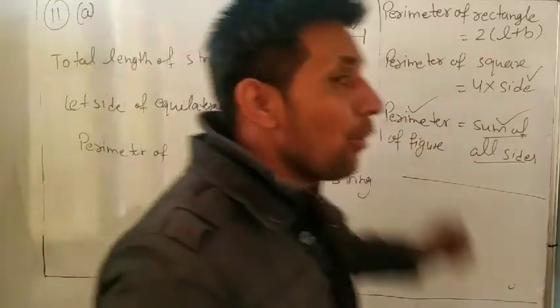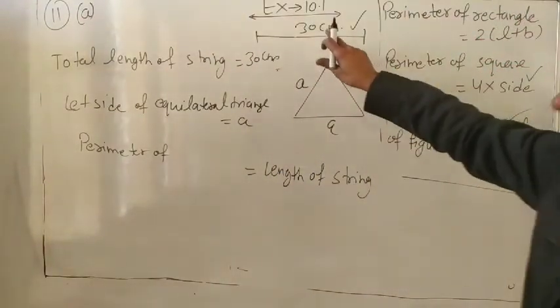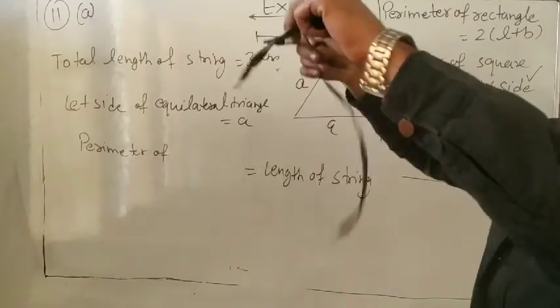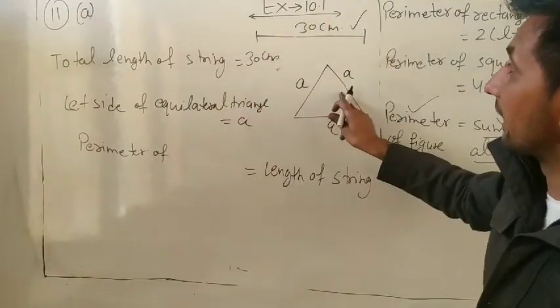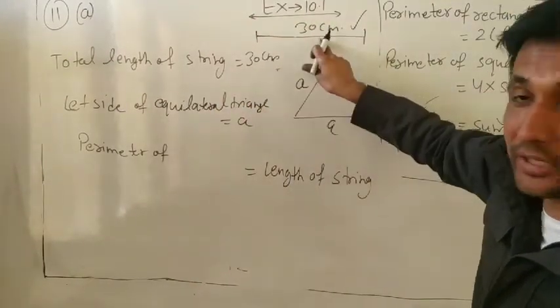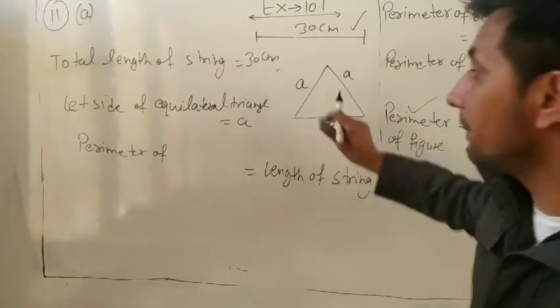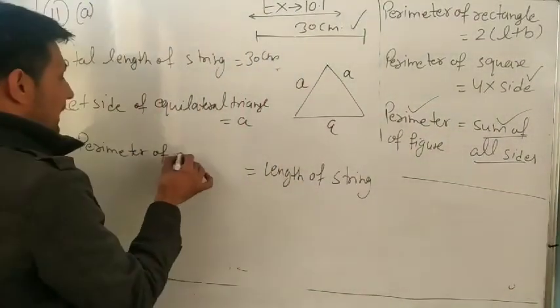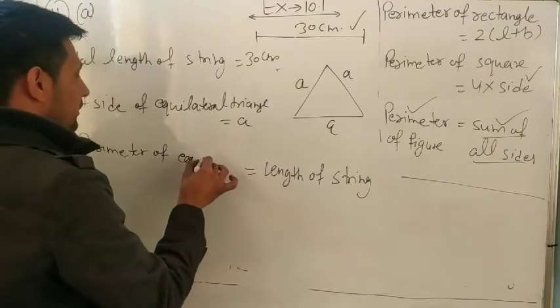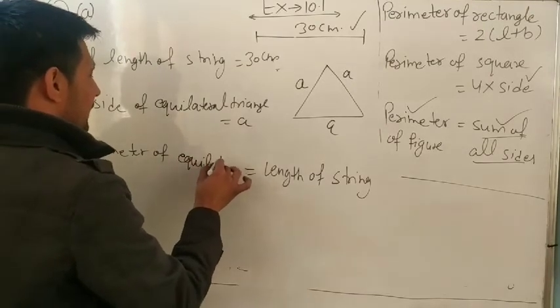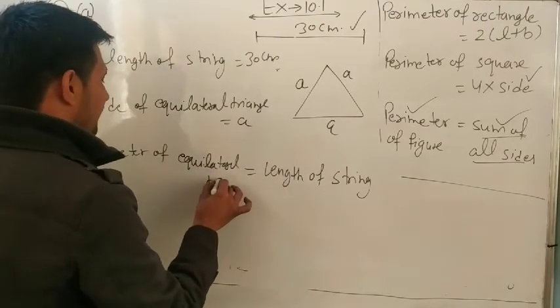And if now you are folding this string into a triangle, it means the total length of the string equals the total perimeter of the equilateral triangle.